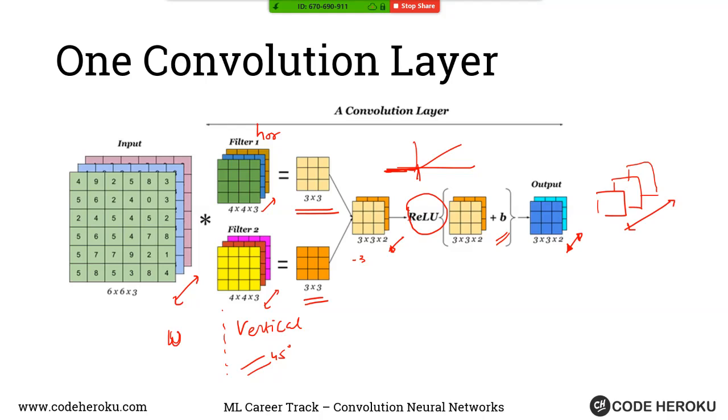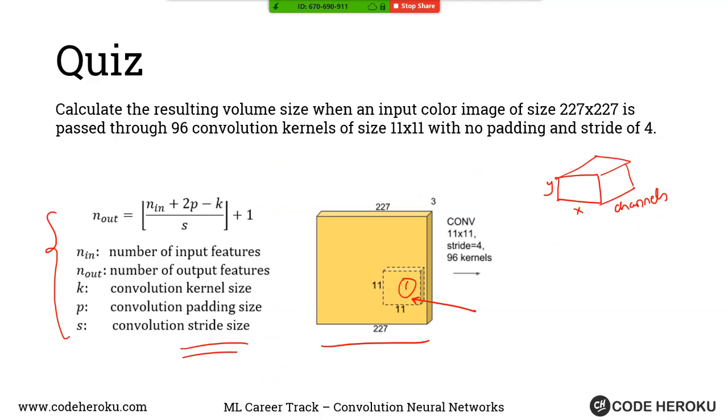And this depth will always be equal to the number of filters that you use. So over here, how many filters are we using? We are using 96. So this number of channels will always be 96 because we are passing it through 96 filters.